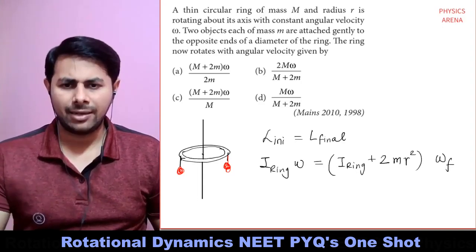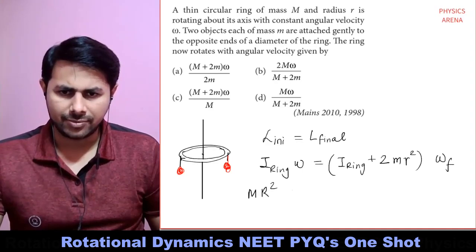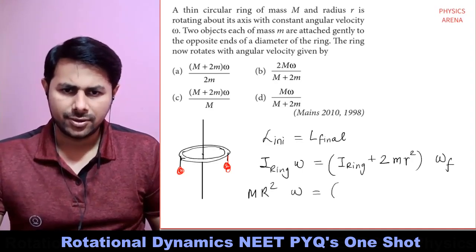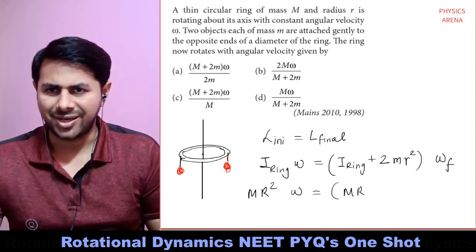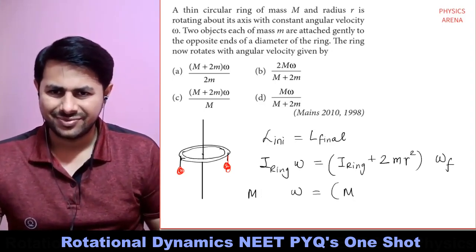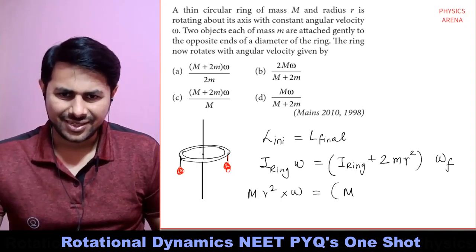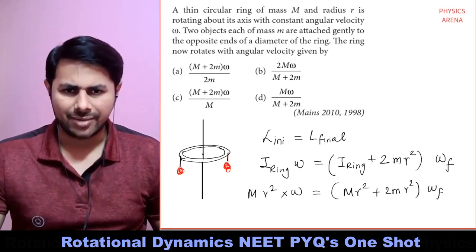It is capital M into r square. So capital M into r square multiplied by omega equals capital M into r square. No, it is the same small r square, plus this 2 small m into r square multiplied by omega f.